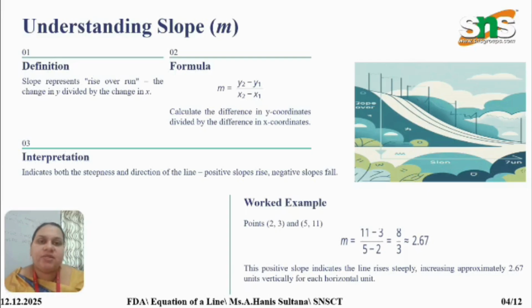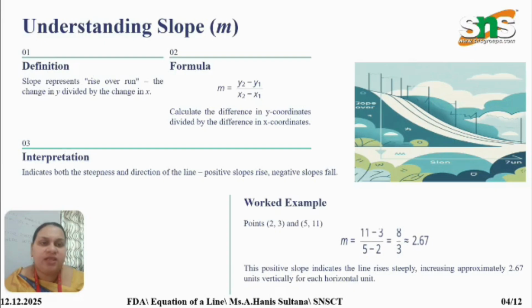Slope represents the rise over run, the change in y divided by the change in x. We have already shared the formula, that is m is equal to y2 minus y1 divided by x2 minus x1. Next, this is a practical example of how the slope is calculated.